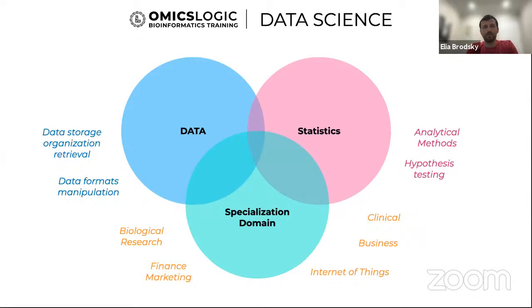But specifically, if we talk about biological data, there's going to be a specific additional level of specialization that we need to discuss. And that will be the way that data is generated, and therefore, what are the specific questions that are being asked of that particular data set, and how can we later on interpret it?